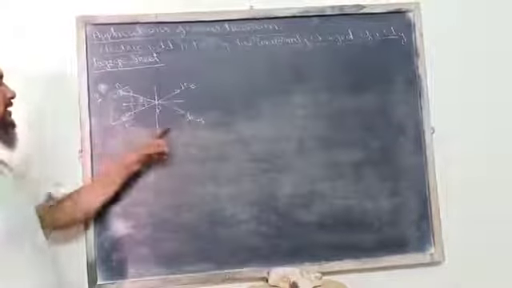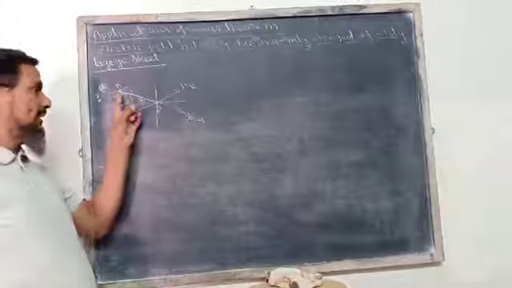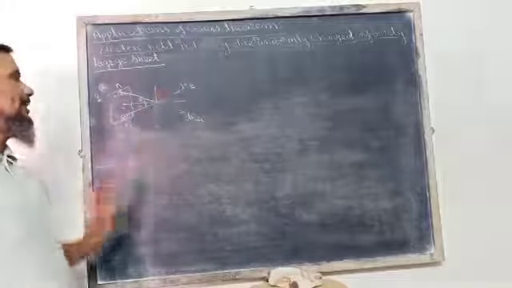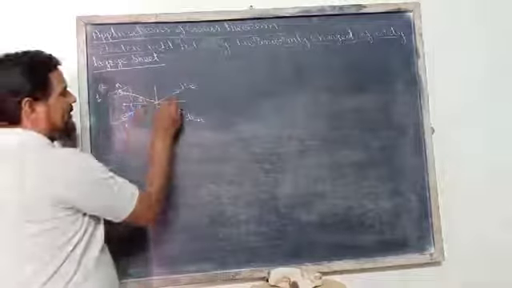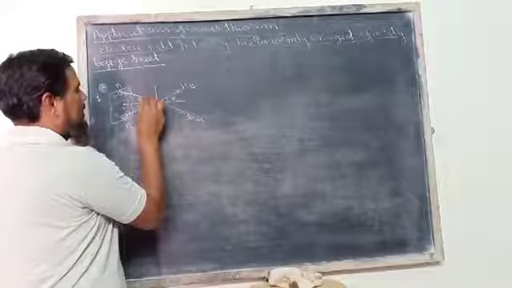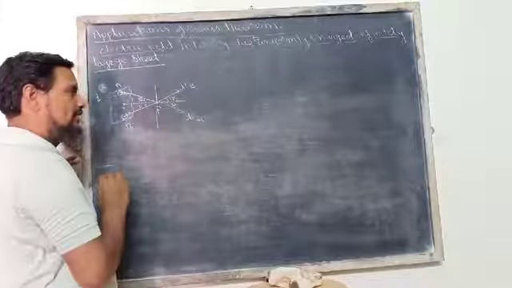Consider the direction of the electric field intensity due to element area A and the electric field intensity due to element area B. If this angle is theta, then this angle will also be theta because they are vertically opposite angles.